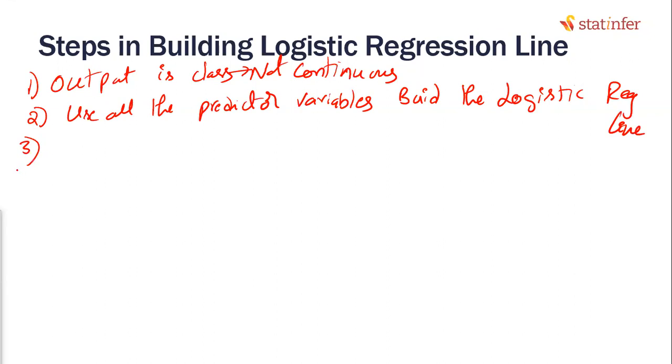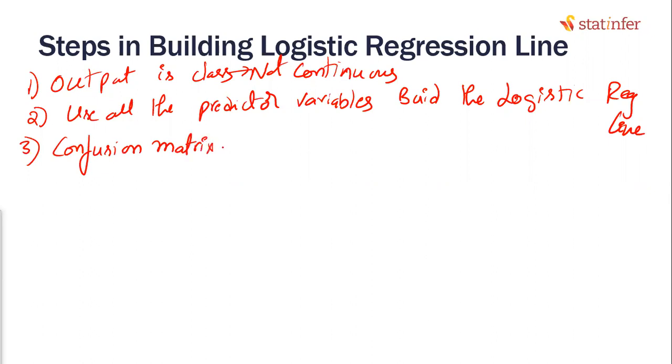Okay, done. What is the first measure that you're going to calculate right after building the logistic regression model? You're going to create the confusion matrix, spot on.